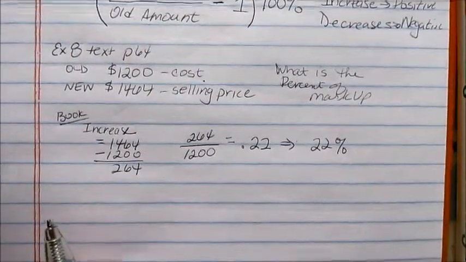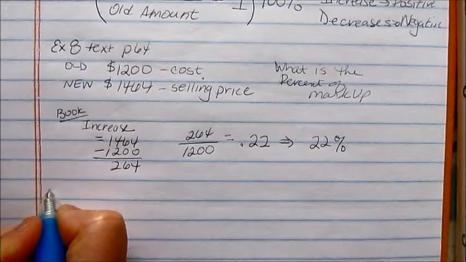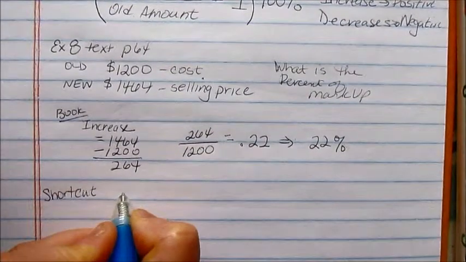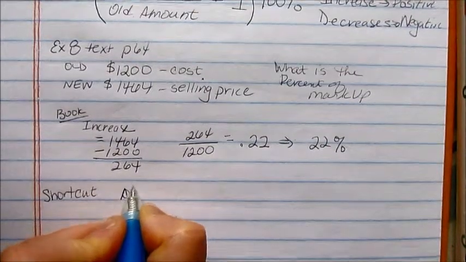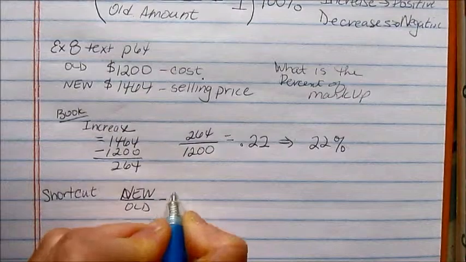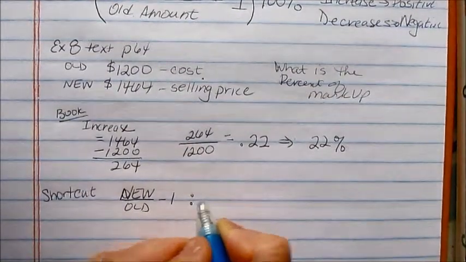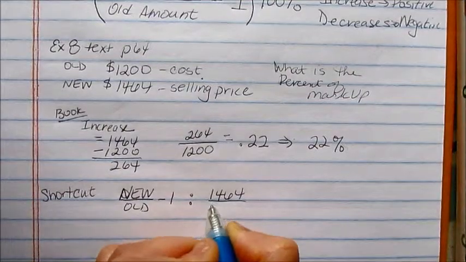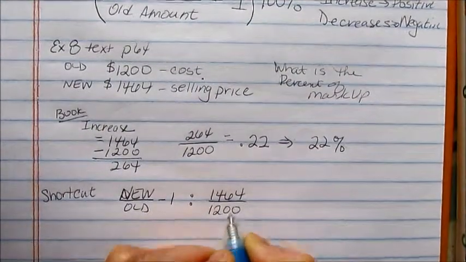My way. I think it's a shortcut. New over old minus 1. You ready? The new amount is $1,464. The old amount is $1,200.